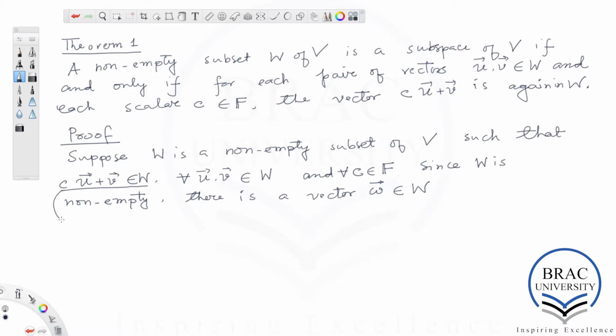Since this holds, we must have -1 times this vector W plus W, which is equal to the 0 vector, right?